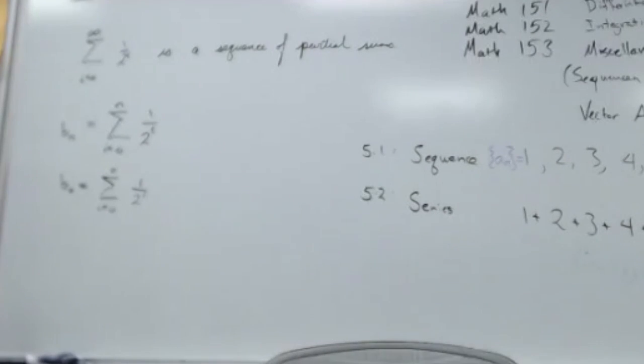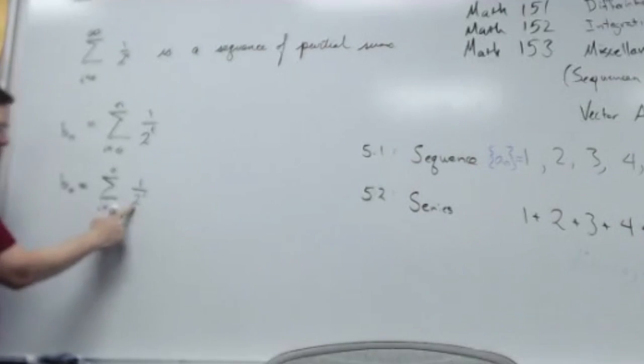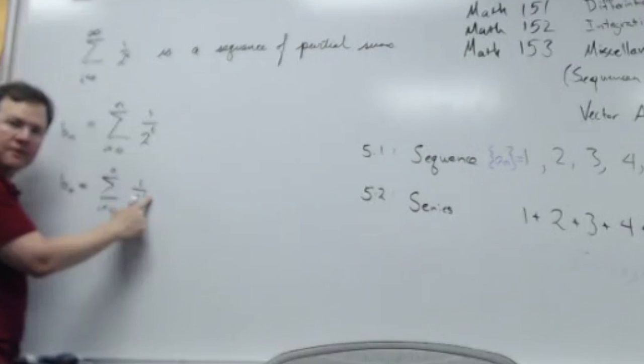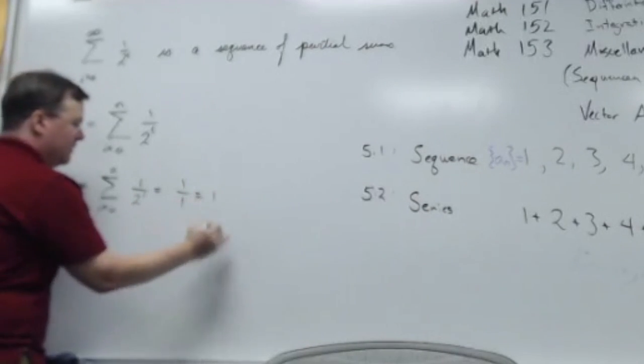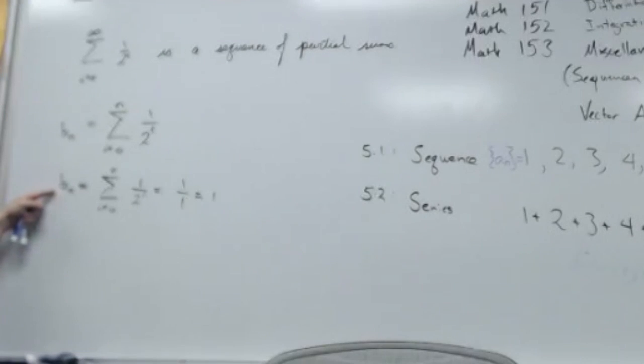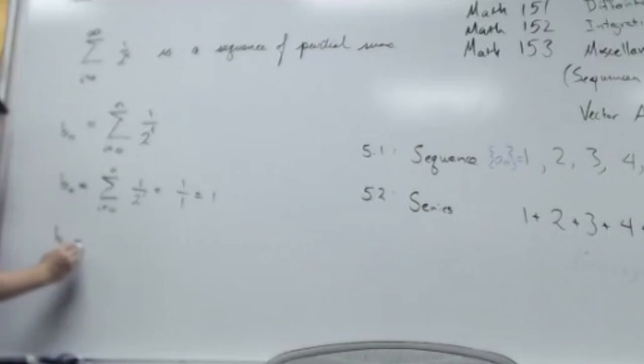And yeah, you said 1, that's right, because 2 to the 0 power is 1. So the first term in the sequence is 1. How about B_1?